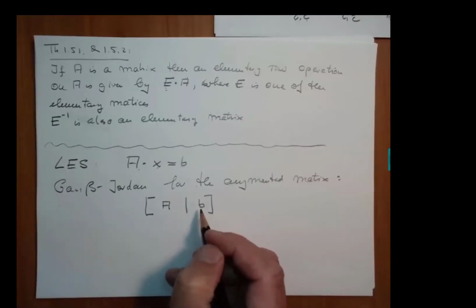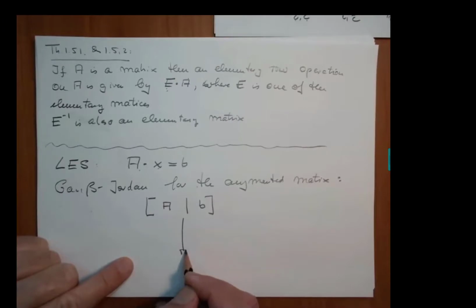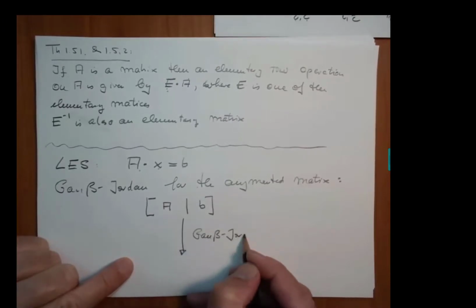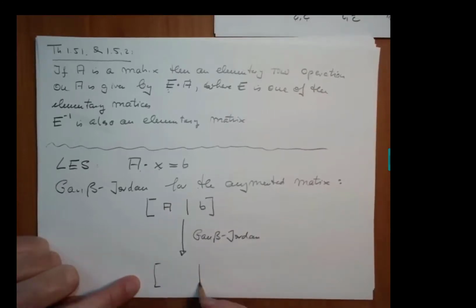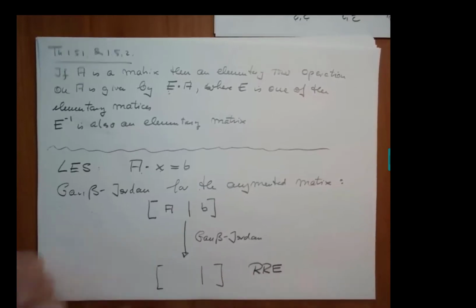And then we apply the Gauss algorithm. We change rows, we add rows to each other, or we multiply rows, for example, to generate leading ones. So we apply our Gauss algorithm. And where do we end up? We end up, after a lot of steps, sometimes at a reduced row echelon form.